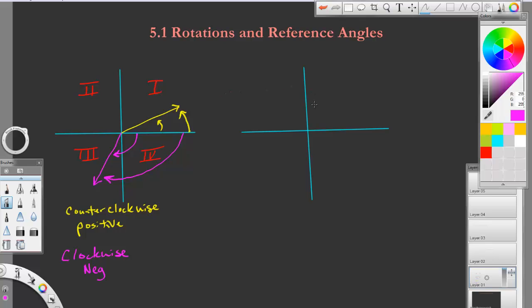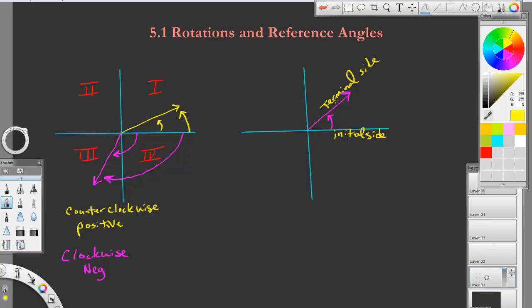Now, a little bit of vocabulary. If we have an angle like this, and let's say this thing swung up like that, this would be called the initial side, and this would be called the terminal side.